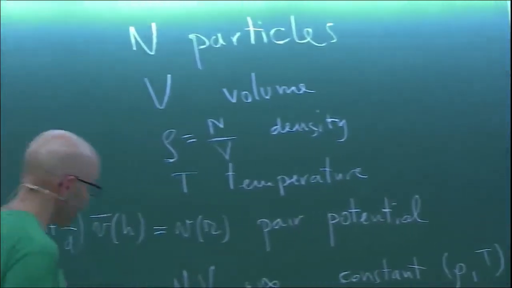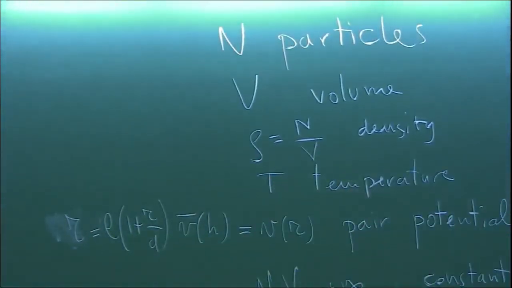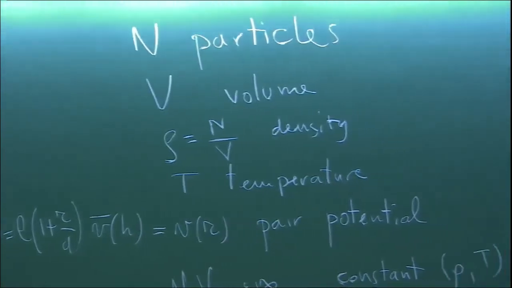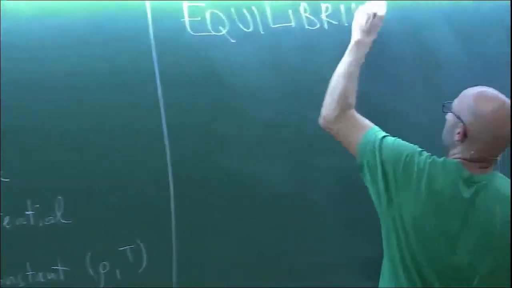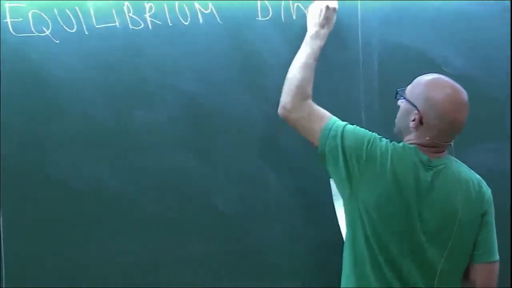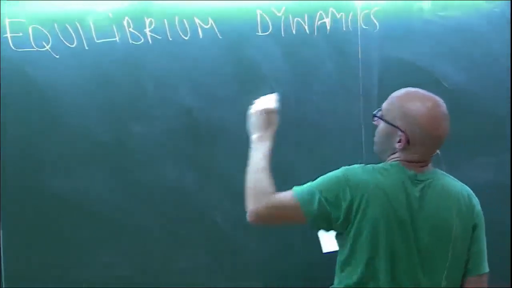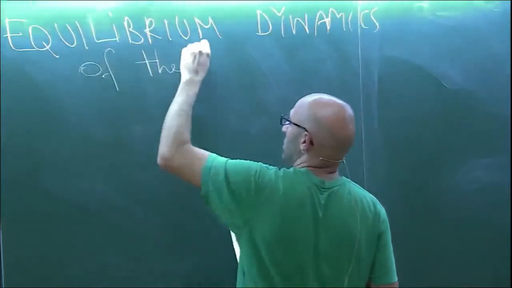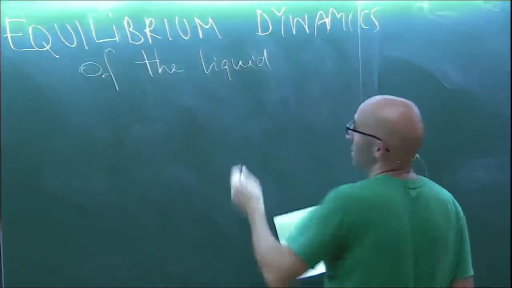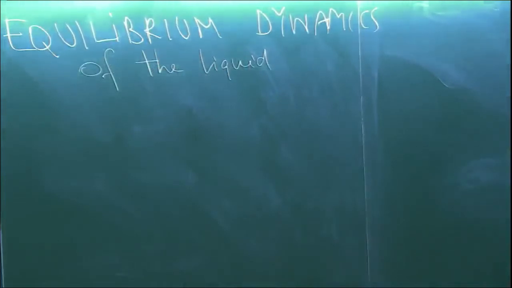The setting is going to be the same, and V of r is going to be scaled in the way I was mentioning before, but for the moment we don't need this. I will consider equilibrium dynamics of the liquid, and I want to study what happens when I approach the glass transition and how it becomes slow.